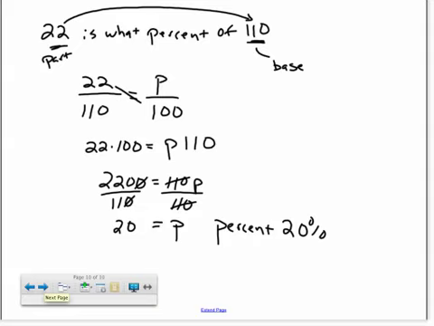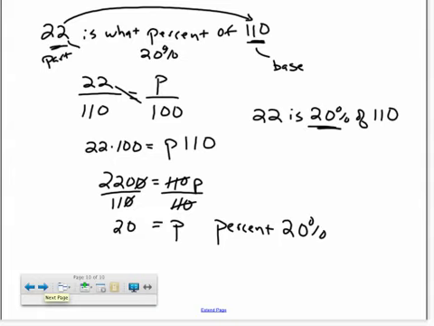Now let's go back up and double check this. So we're saying 22 is 20% of 110. Let's write that over here. We're saying 22 is 20% of 110. And does that make sense?